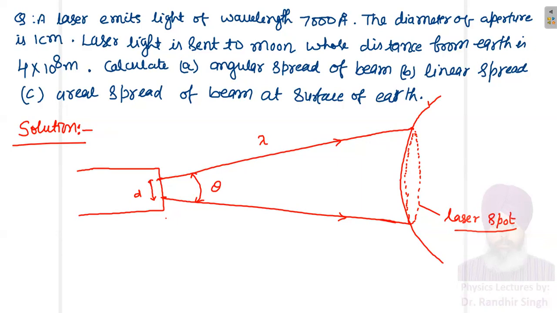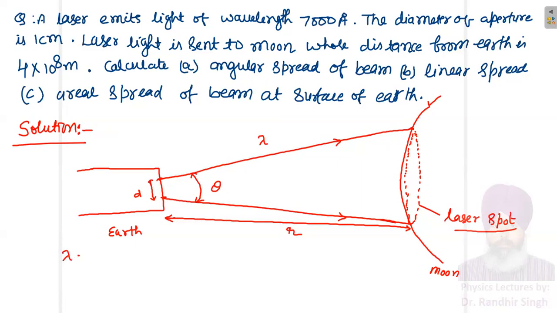This laser is placed at some point in the laboratory, and obviously this distance I will denote by small r. So this is the moon, and this laser is placed in our physics laboratory on earth. Three values are given to us.